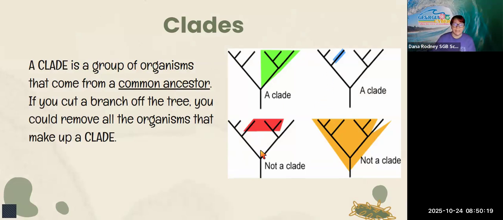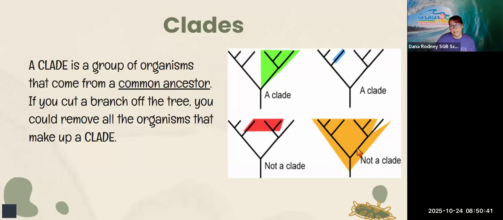Now, within a cladogram, there are different clades. And a clade is just a group of organisms that come from a common ancestor. So if you cut a branch off of the tree, you would remove all the organisms that make up a specific clade. The reason why this green one and this blue one up here are clades is because if you cut off that branch, you're going to take everything with it.